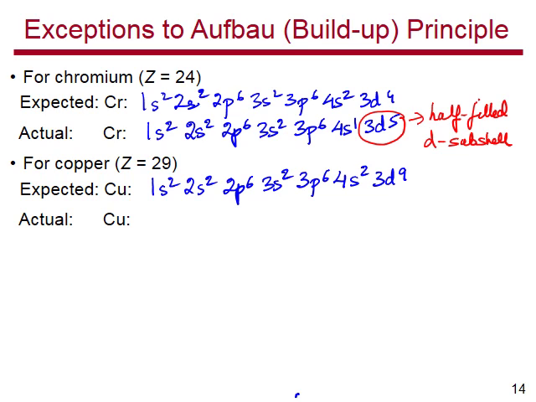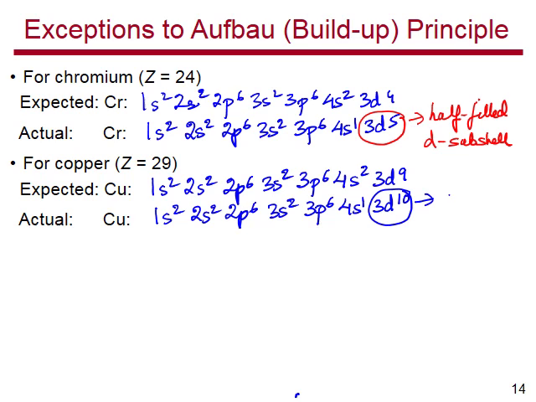However, the actual configuration for copper is 1s2, 2s2, 2p6, 3s2, 3p6, 4s1 and 3d10. Okay, now with this configuration, copper has a completely filled d subshell.